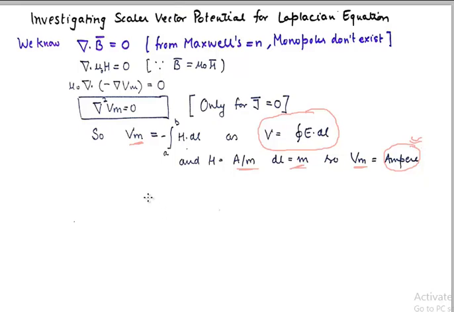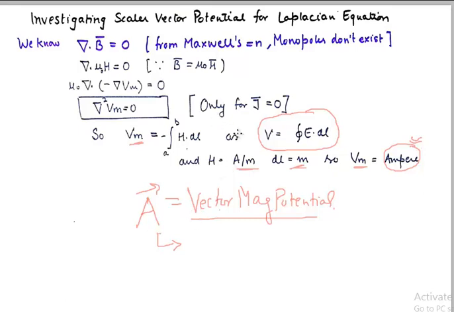And that is a well-known vector A, which is known as vector magnetic potential, and we are going to define that, and we are going to study that. We are going to derive the formula for A in the next video.